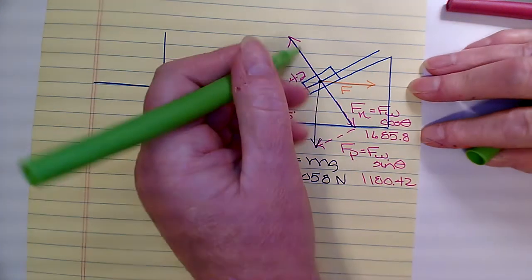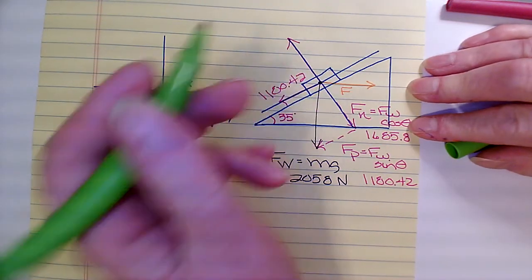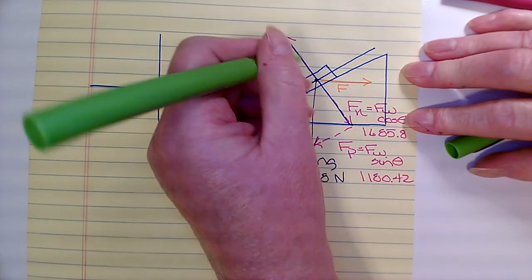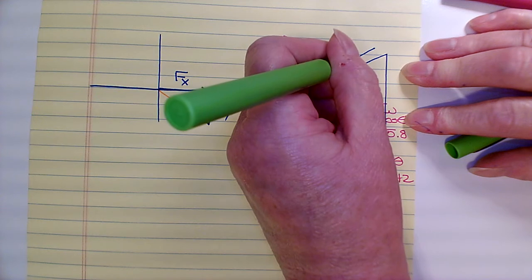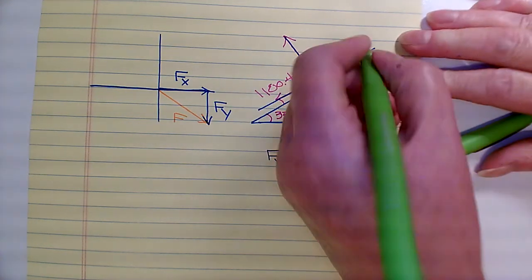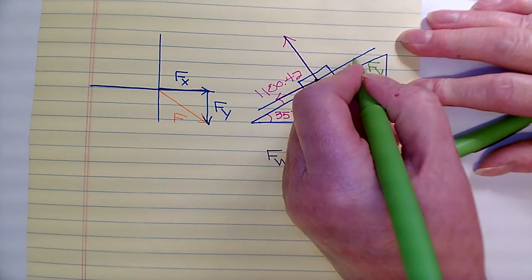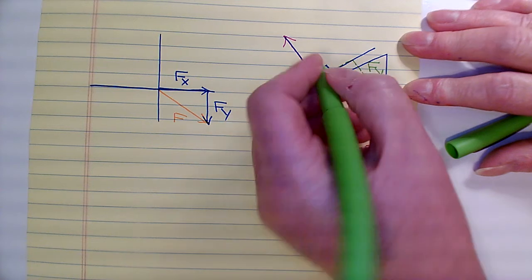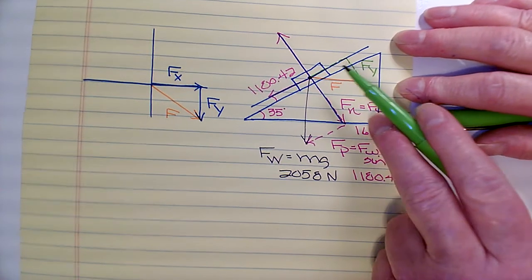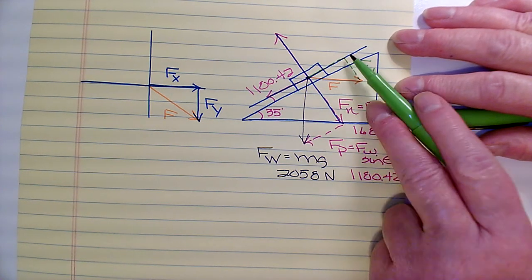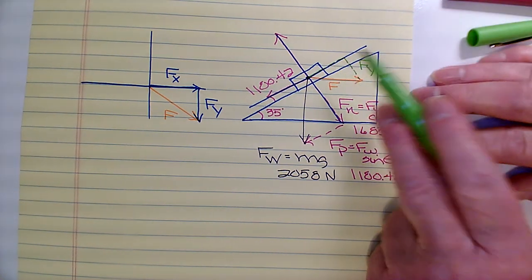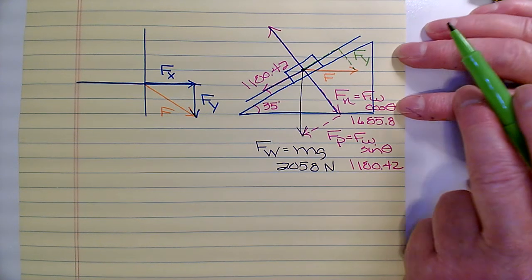And the components have to line up with the x and the y axis. So if this is the y axis, then this has to be the y component. So we'll label that Fy. And this here would have to be the x component. But we know the value of the x component because it says in the problem that we're pushing it up with constant speed.